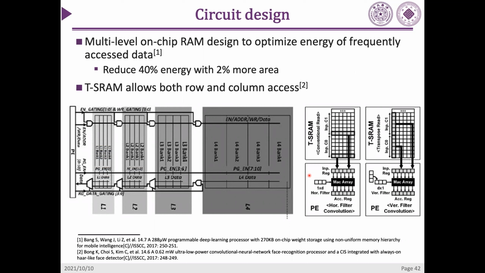Since matrix multiplication is a two-dimensional operation, the transposable SRAM cache design allows both row and column access, and also improves the efficiency of the whole neural network accelerator design.